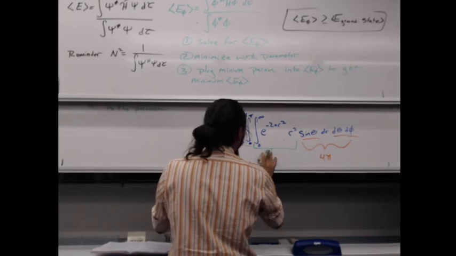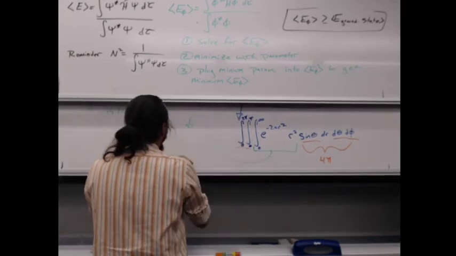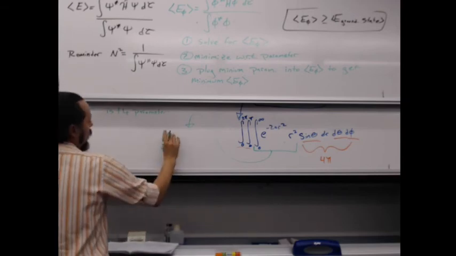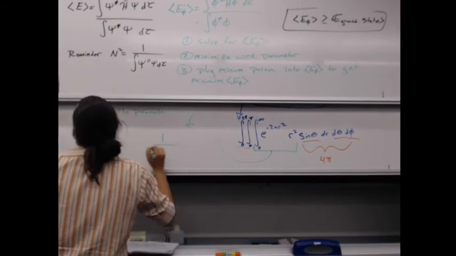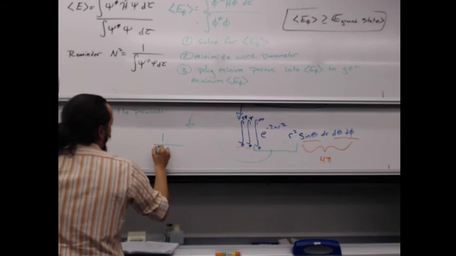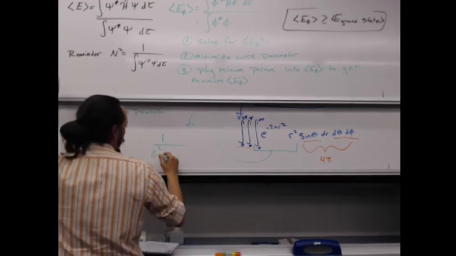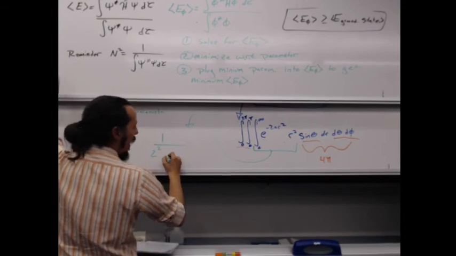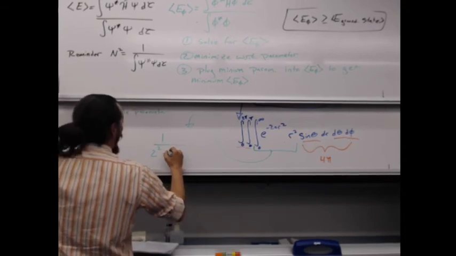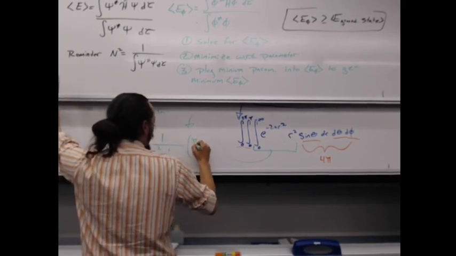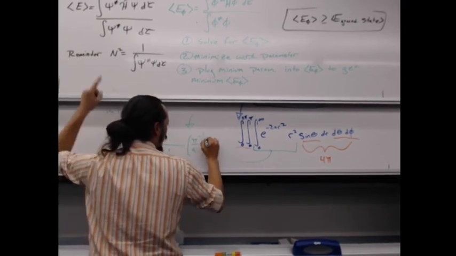I'm going to give myself more space. Let's do it over here. 1 for that part, divided by 2 to the power of 2, our parameter a to the power of 1, times pi over a to the 1/2.